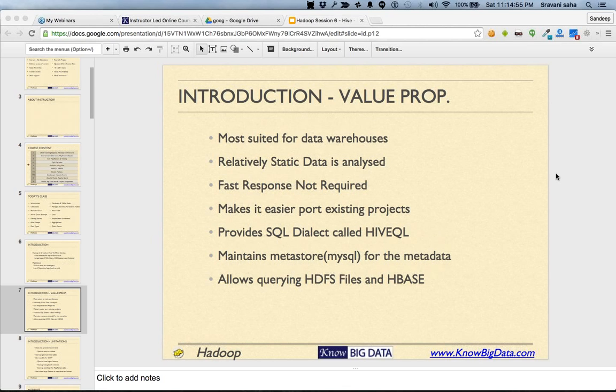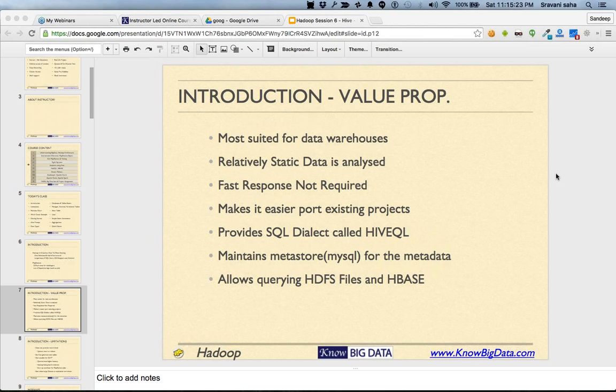Hive makes it easier to port existing projects, provides a SQL dialect called HiveQL, and maintains the metadata. When we were studying Pig, did you notice that if you exit the Pig command, all the data sets you had created using load and filter are gone?